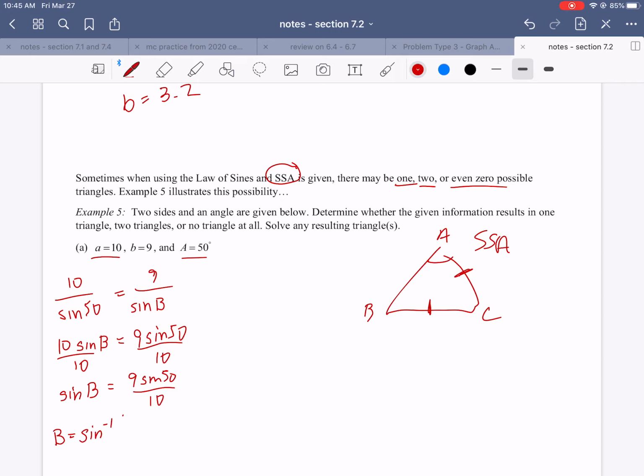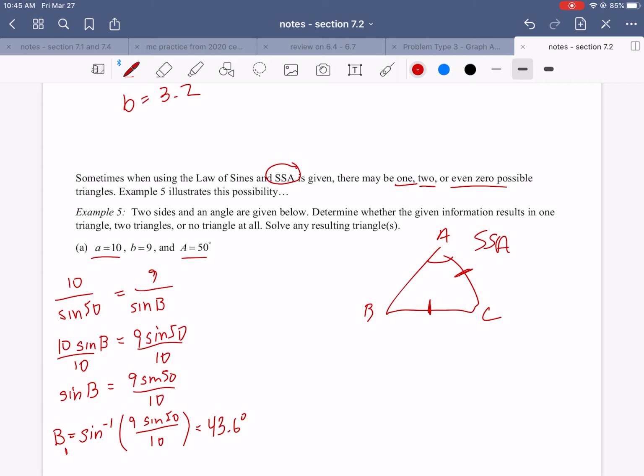So B is going to equal the sine inverse of that same number. And punching that into the calculator, we are going to get an answer, and that answer is going to be 43.6 degrees.